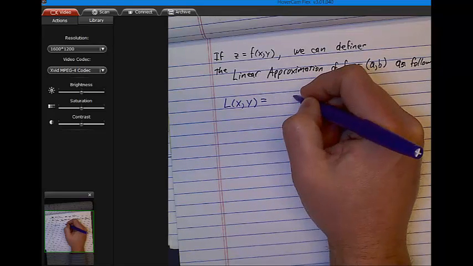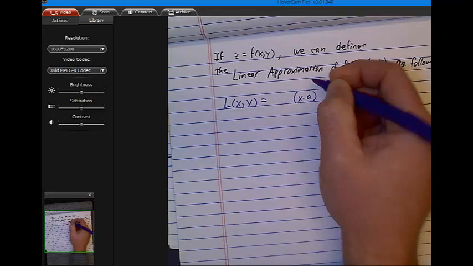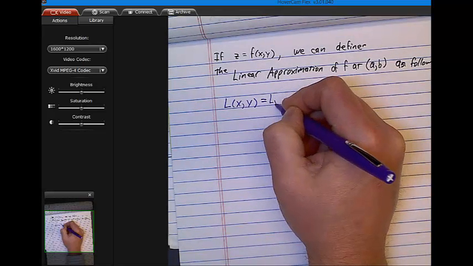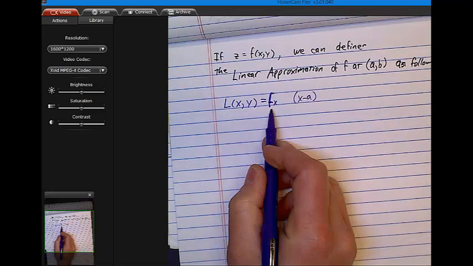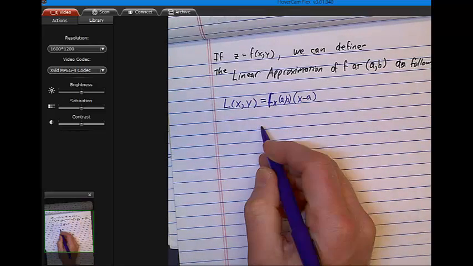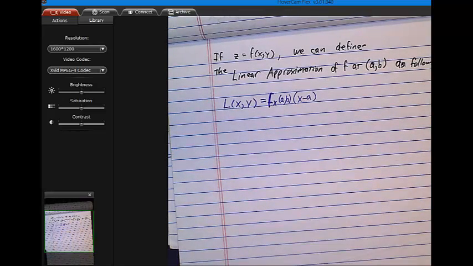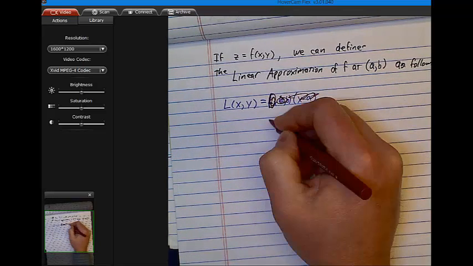So we're going to take f sub x, the partial derivative with respect to x, evaluated at AB. So this should be a lowercase f, guys. I've got to be careful here. Let me write it below.